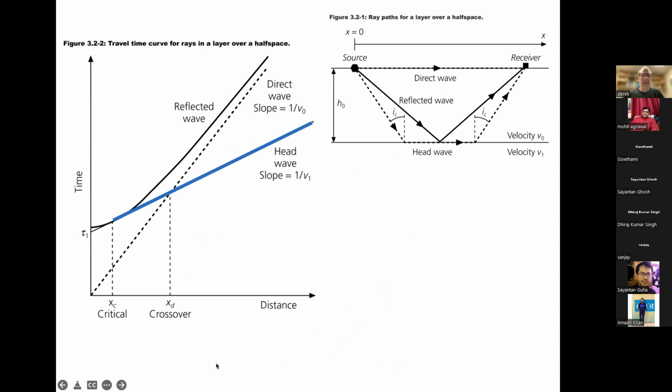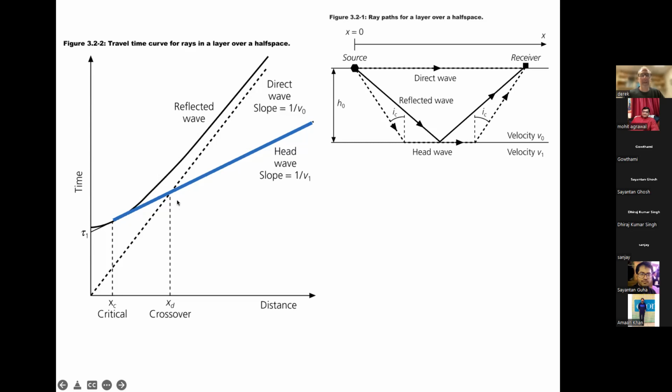If I have a source at x equals 0 and a bunch of seismometers spread out over increasing distance, in my simple interface, I will see the direct wave as this dashed line here, and that will have slope 1 over v naught. I will see the head wave, and that will have a slope 1 over v1, and I will also have the reflected wave.